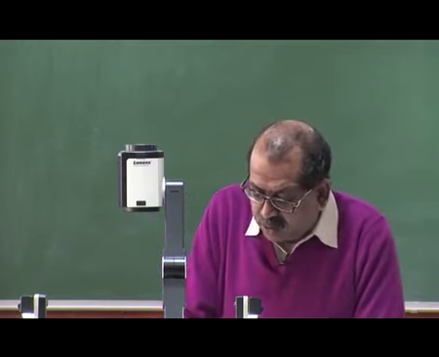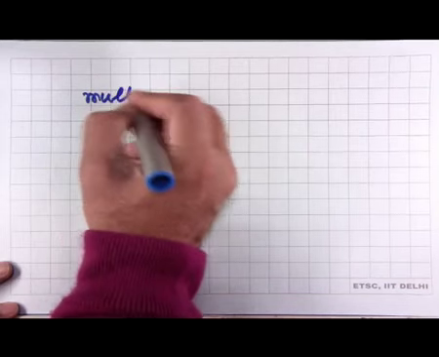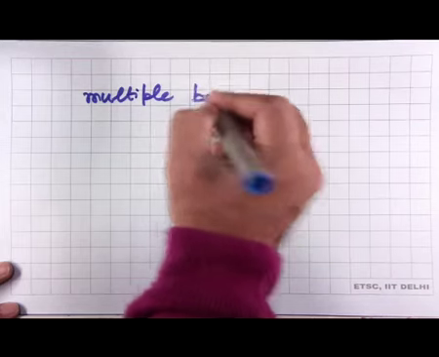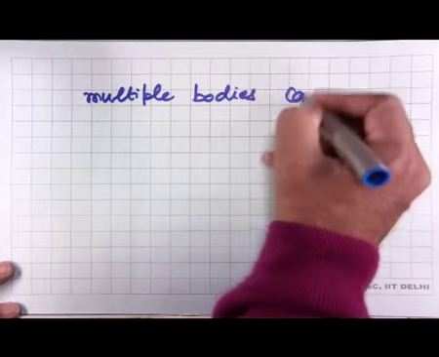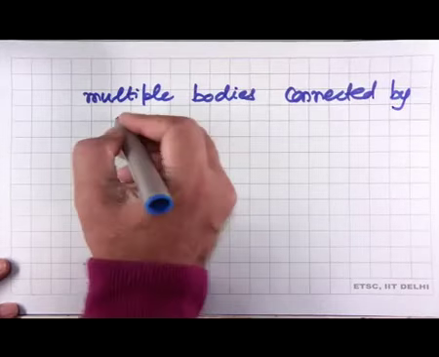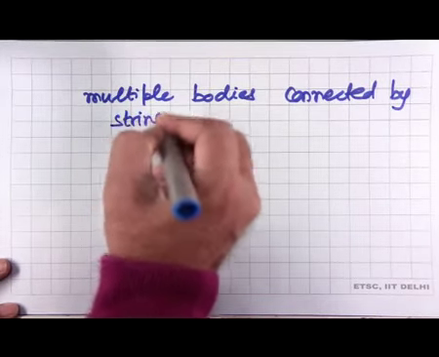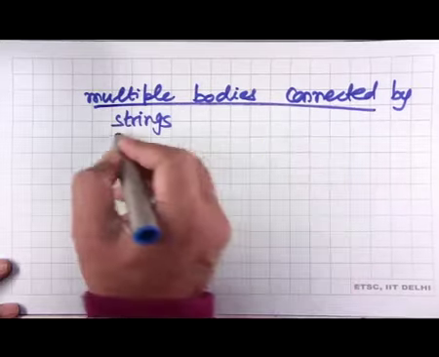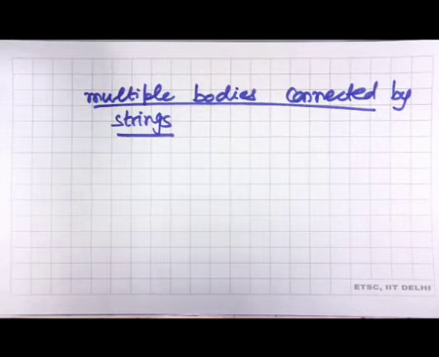We start with a problem of multiple bodies connected by strings, and we will take a very simple example.